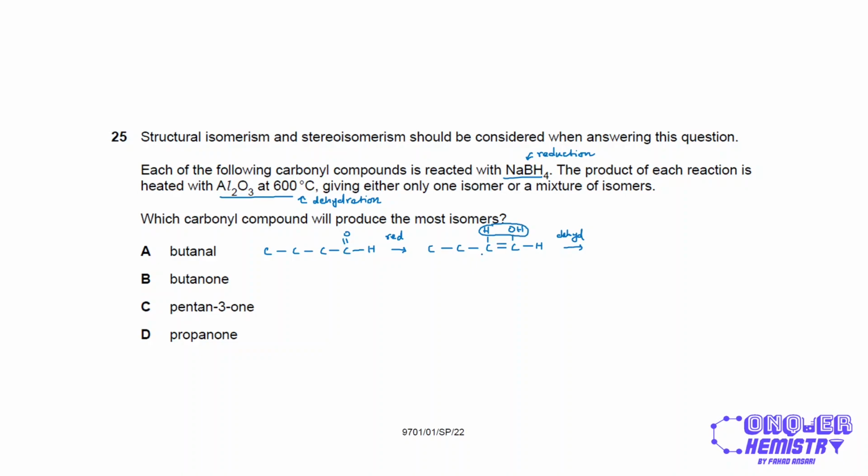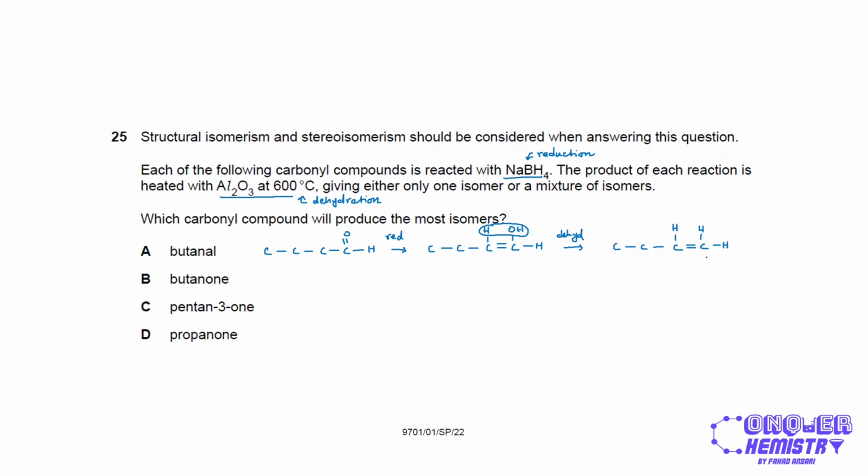And then as a result, this is going to give you C, C, C, double bond C. And over here, this is bonded to 2 hydrogens, and this is bonded to 1 hydrogen.